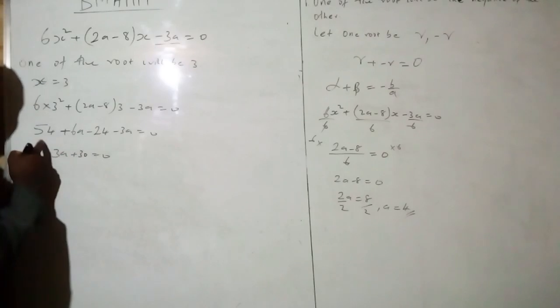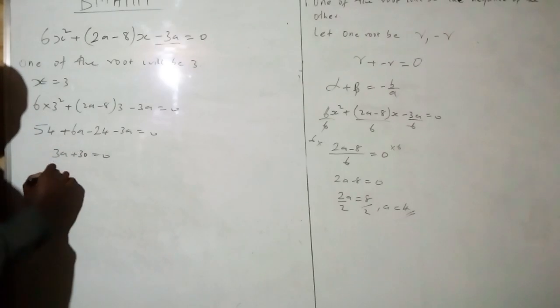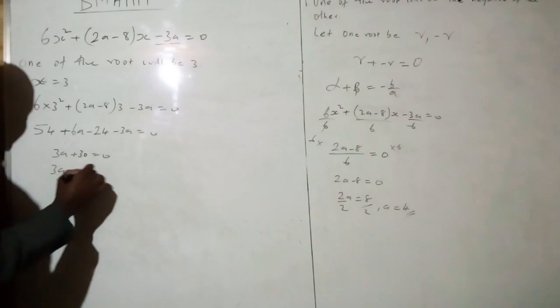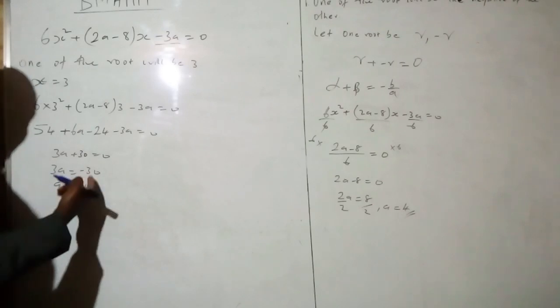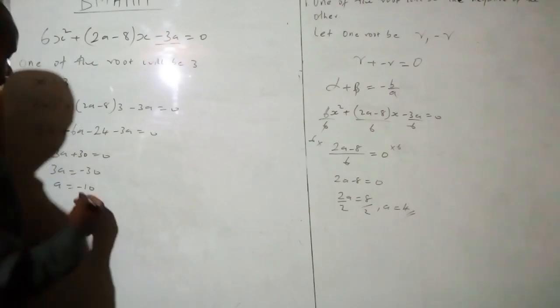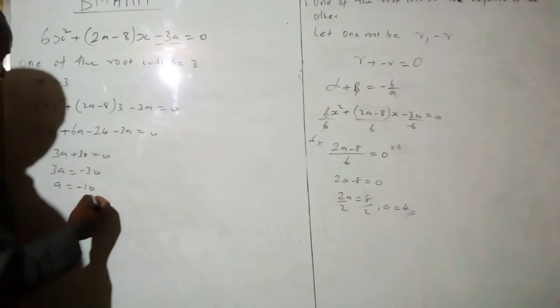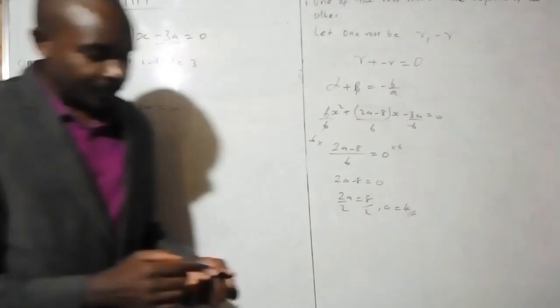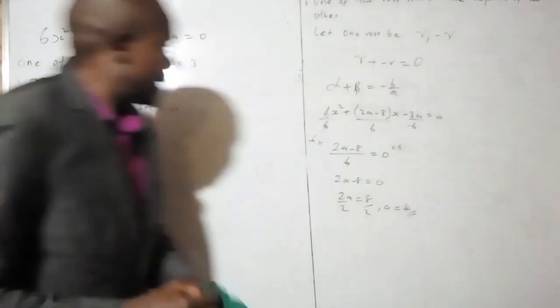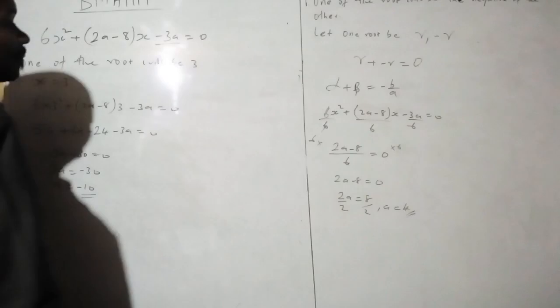Then 3a will be negative 30. We divide negative 30 by 3 and you are going to get a as negative 10. Yeah, that's how to handle that question.